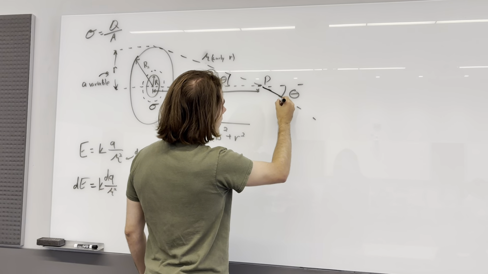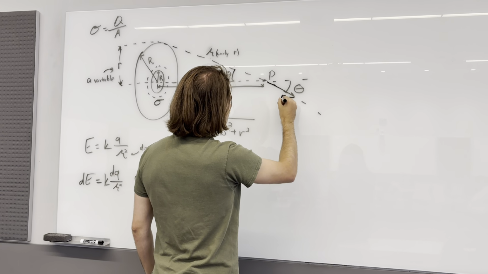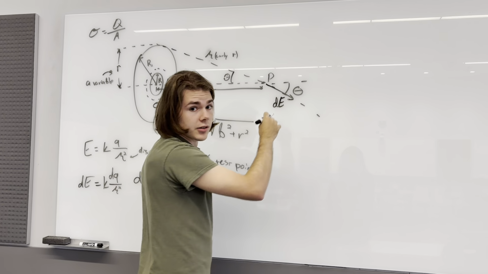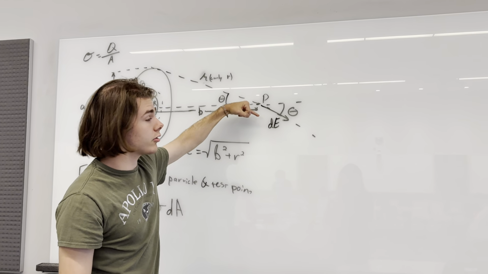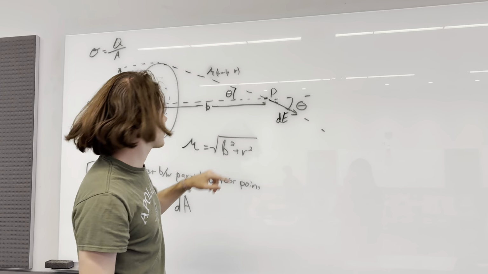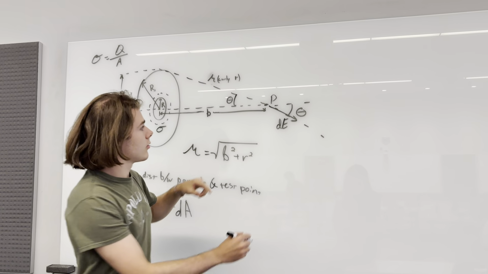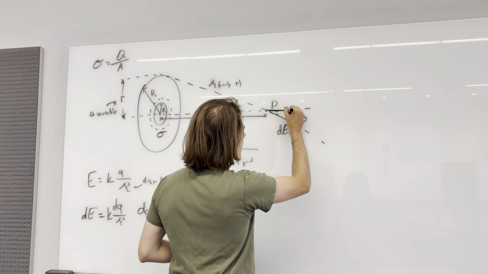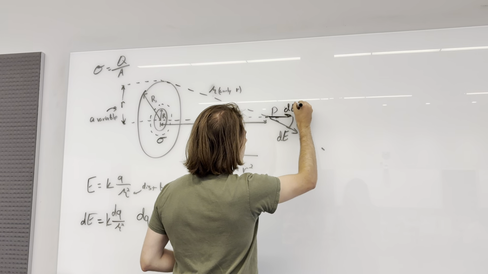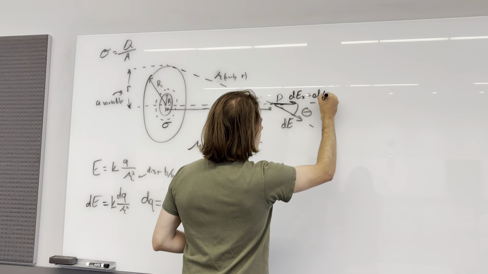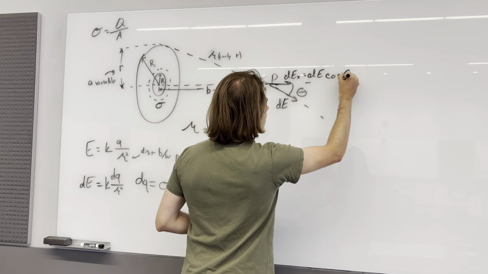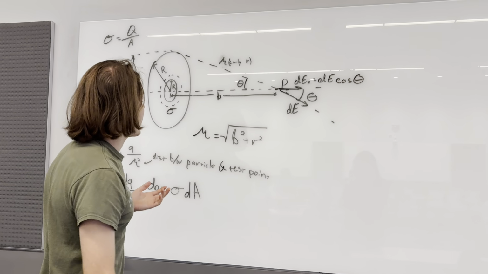So if we take the cosine of this, and I'm going to call it a dE, right? So some small electric field vector contribution. If we did cosine theta times this, we're going to get dEx. Then we have to figure out what cosine theta is.